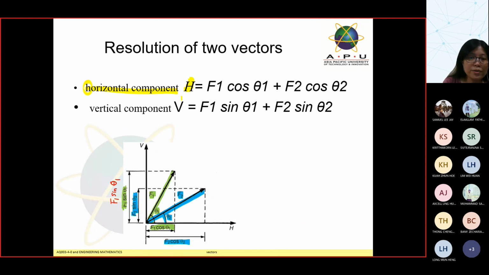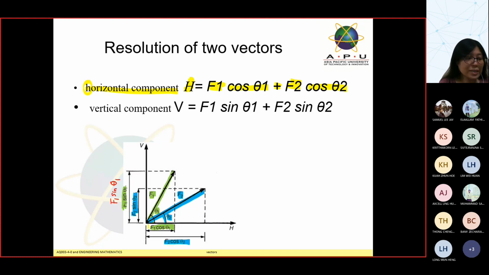So the horizontal component will be the addition of the two horizontal components from F1 and F2, which is F1 cos theta 1 plus F2 cos theta 2.